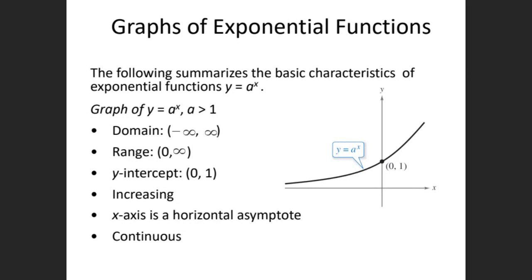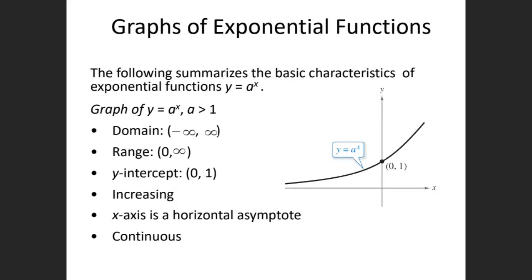Our domain is from negative infinity to positive infinity in interval notation. Again, the range is all positive real numbers, so this is from 0 to positive infinity. We have our y-intercept at (0, 1). And this graph is increasing, right? If we read the graph from left to right, we see that the graph keeps going up and up and up.